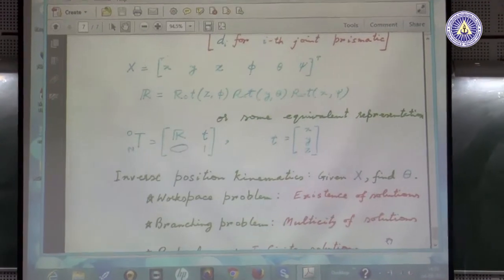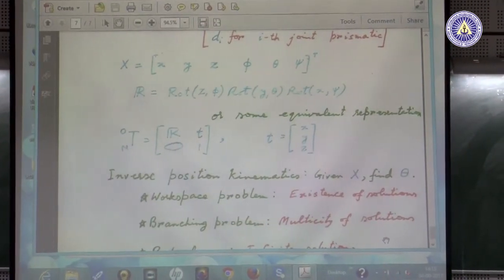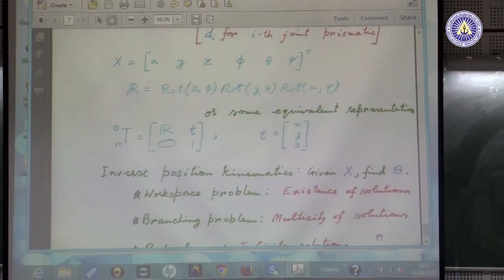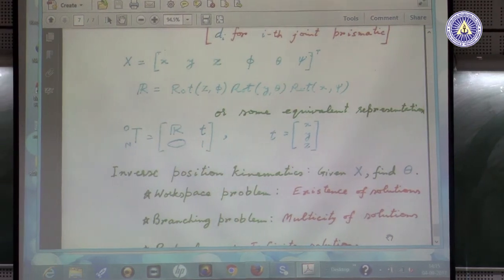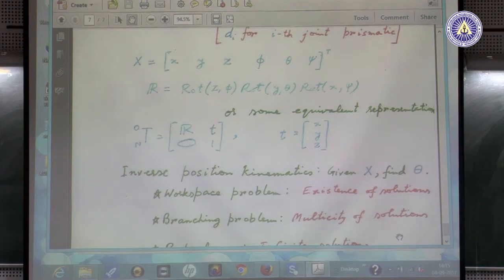In many tasks you will not need even 6. In a planar robot, which will operate always on the plane like this, there will be only 3. So, if you have a larger number of degrees of freedom for the manipulator, then that is the case in which you will have redundancy of solutions. That is quite complicated.